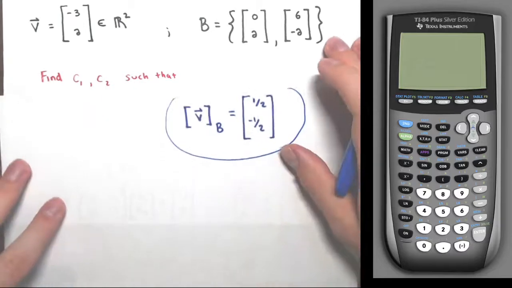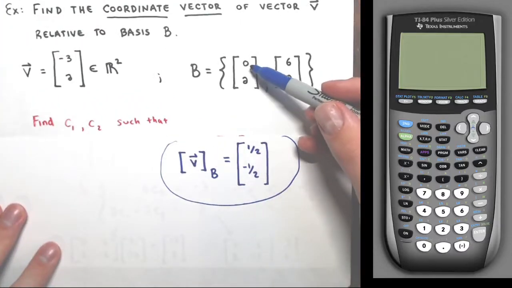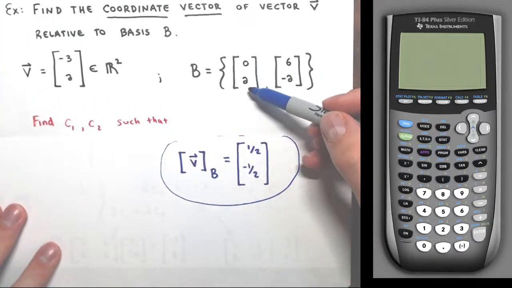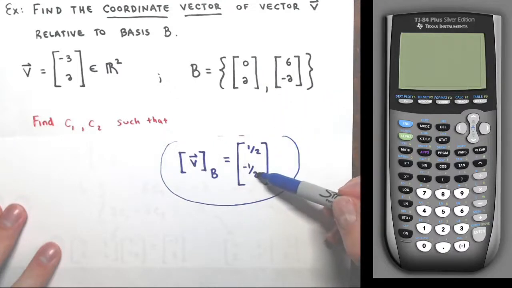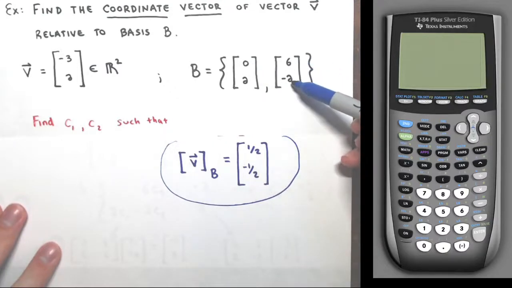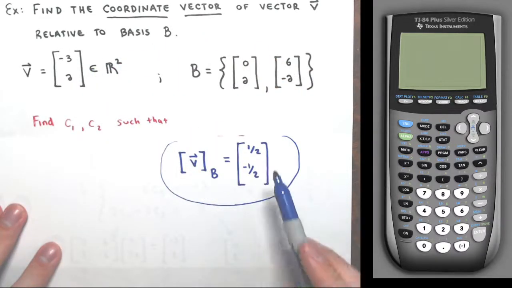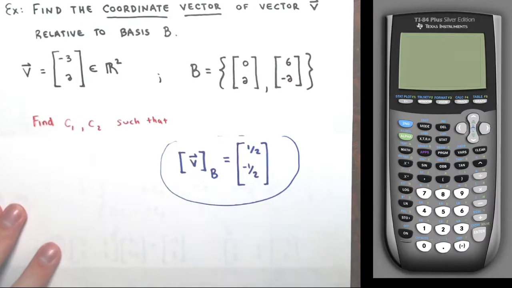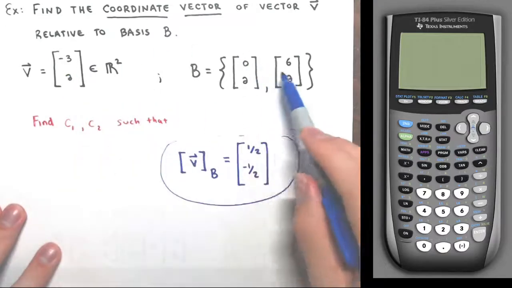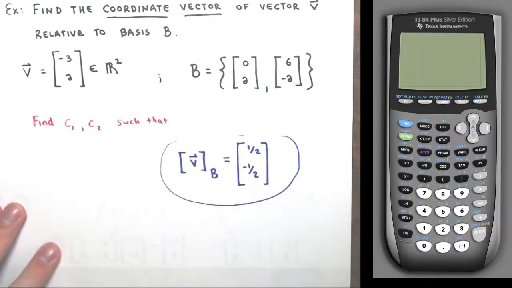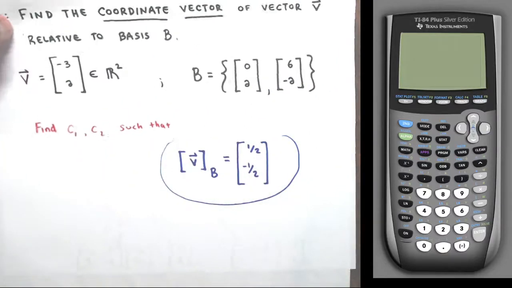Take half the first vector; half the first vector would be 0, 1. Negative half times the second vector would be negative 3, 1. And 0, 1 plus negative 3, 1 would be negative 3, 2. So these are the correct coordinates, the correct weights, and they tell you how to construct this vector from these two.